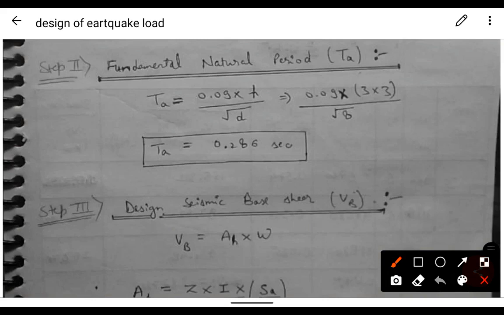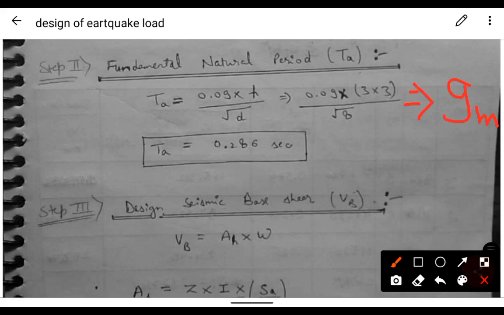Now one thing I'm going to clear here is that in the formula that is given in the code, h was not given, so h needs to be considered. How we find the total height, I have already taught you, and the total height of the building would be 9 meter.